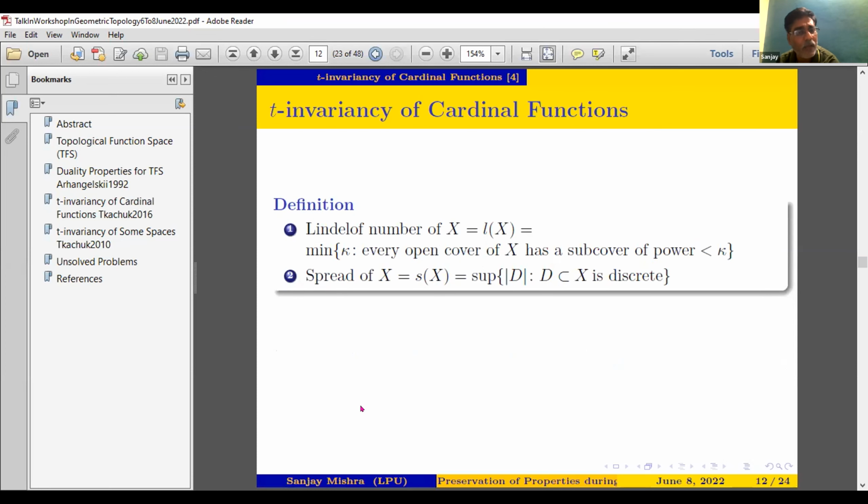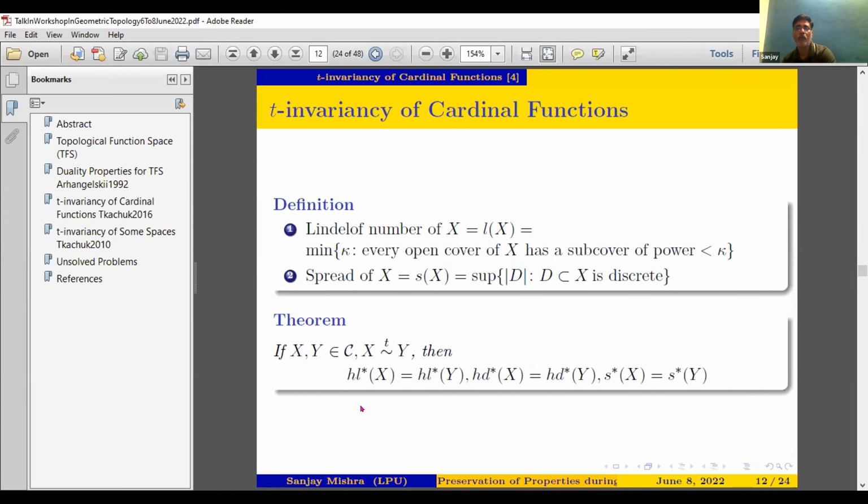Next is a very well known result. The Lindelof number is defined such that every open cover of X has a subcover of power less than kappa, and spread is also a cardinal function. These two cardinal functions do not work well in general, but when we consider the hereditary conditions, then they hold. So when X and Y are Tychonoff spaces and both are T-equivalent, then you can see this here.